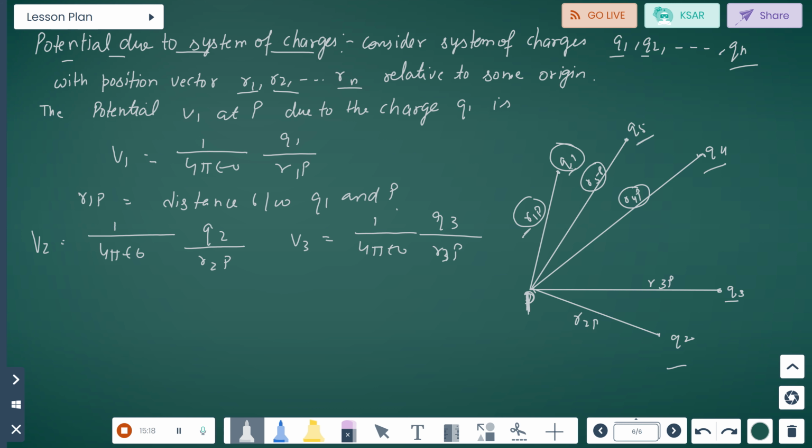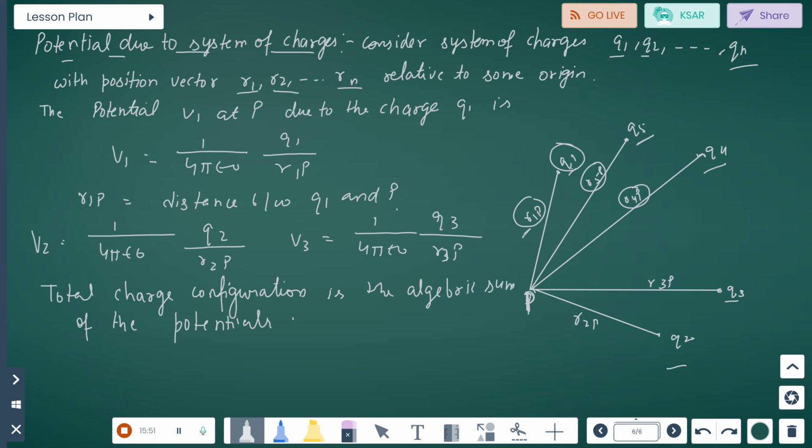Now the potential at P due to the total charge configuration is the algebraic sum of all the potentials due to individual charges.